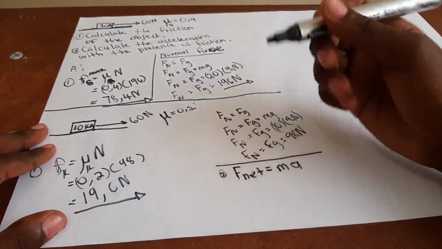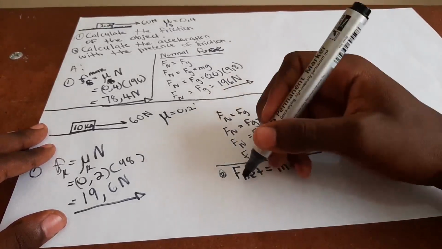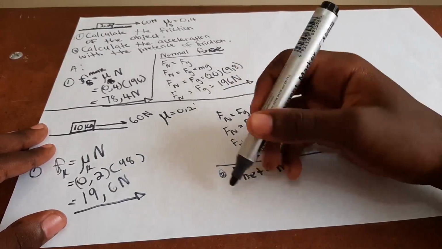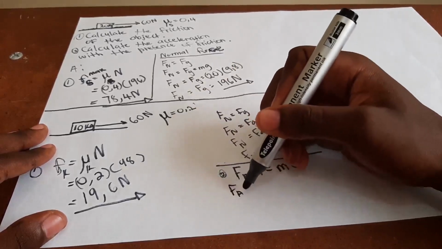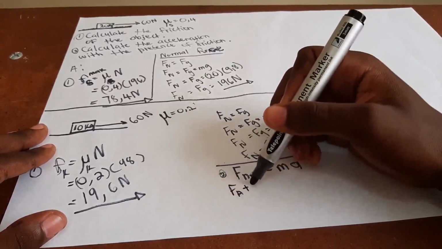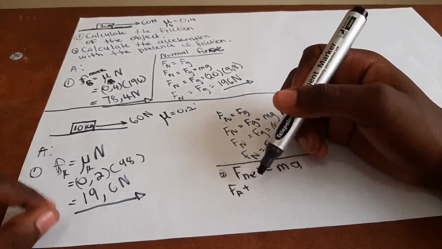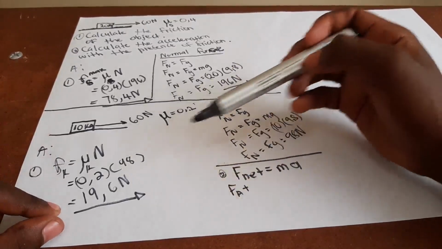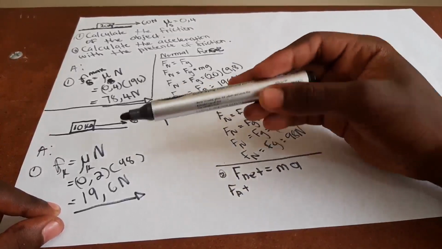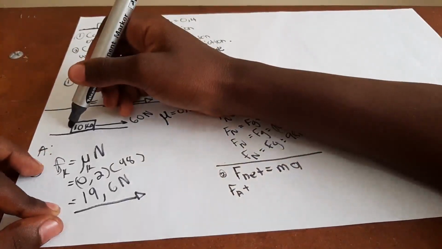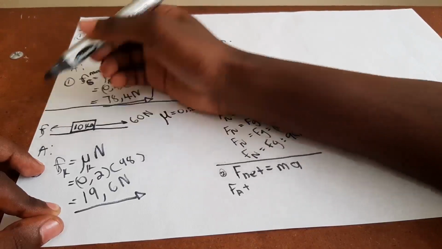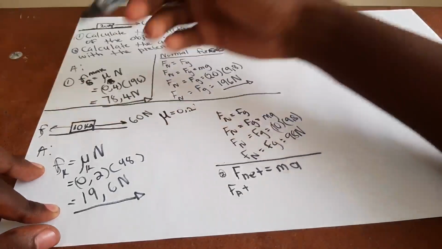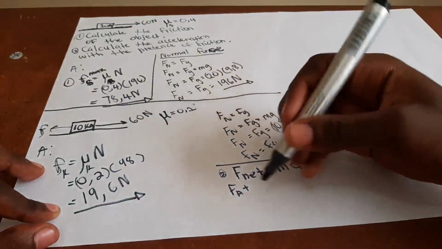Our net force is the applied force, which is 60, plus the frictional force acting in this way, the kinetic frictional force.